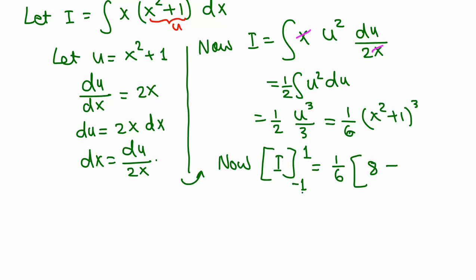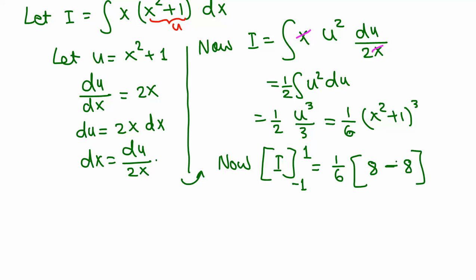Plug in x equals -1, so -1 squared is +1, plus 1 is 2, 2 cubed is 8. We factored 1/6 outside. Okay, so this is common in both the upper limit and lower limit, so we can pull it outside. We replaced x by 1 and got 8, minus, this is coming from the fundamental theorem of calculus, upper limit minus lower limit, means plug in x equals -1, we got 8.